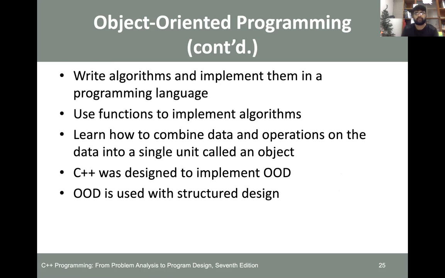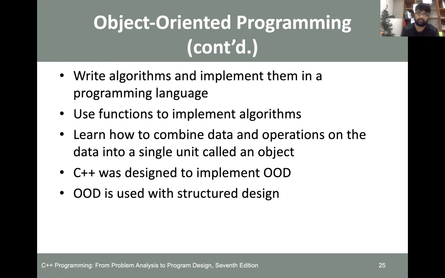So in object-oriented programming, we write algorithms and implement them in a programming language. We use functions to implement algorithms. We learn how to combine data and operations on the data in a single unit called an object. So there's just an object, and inside that, the whole data and operations are combined together. Actually, the difference between C and C++ is that C is not designed to implement object-oriented design.